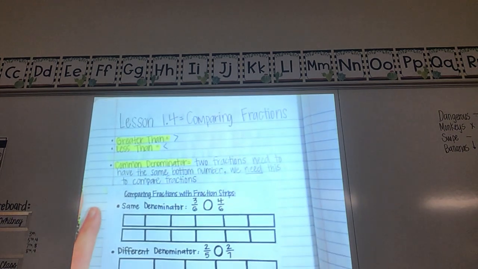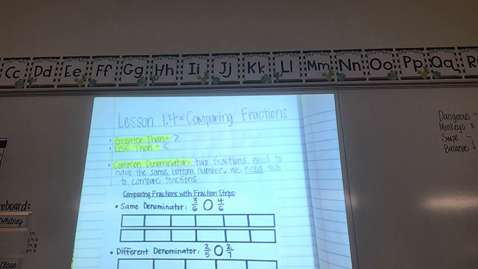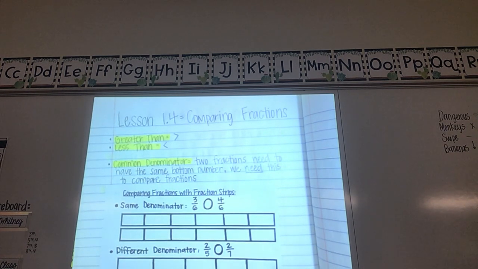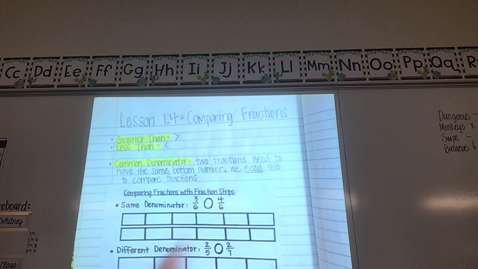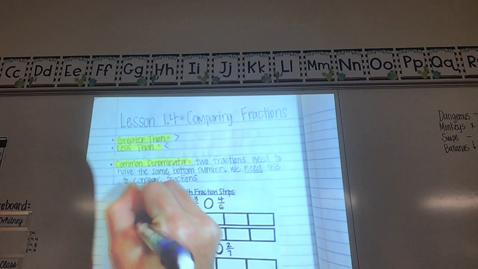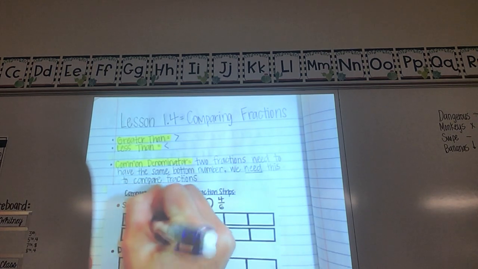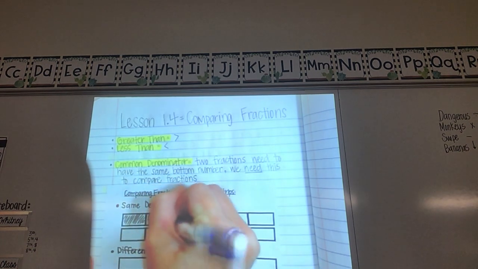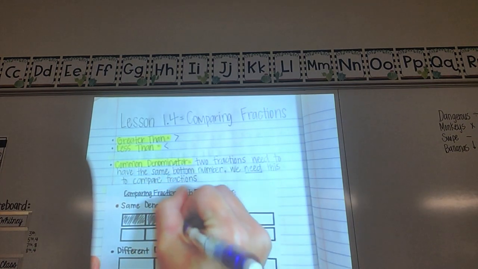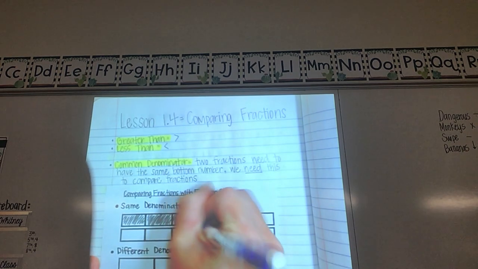First, let's take a look at just some fraction strips and comparing, because this will help show you visually what it will look like. So these two fractions have the same bottom number. They're both a 6. Let's go ahead and shade in 3/6. That is what 3/6 looks like.